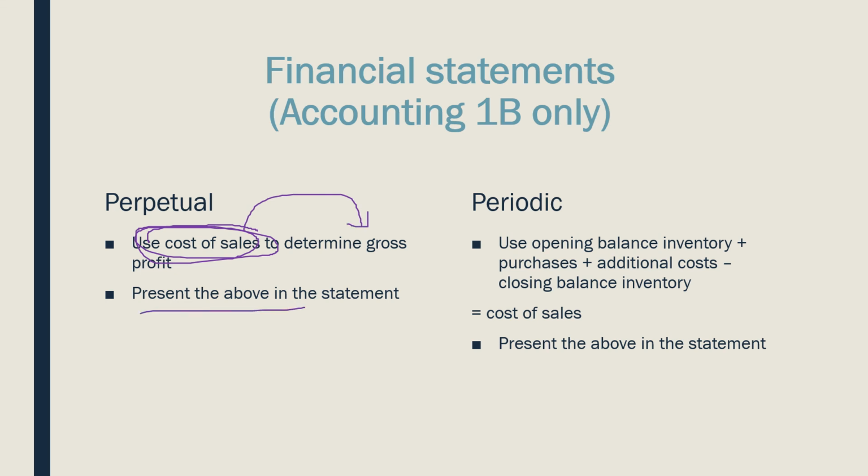Whereas in the periodic system, we don't have cost of sales. Again, we'll work it out. So it's a bit of a calculation: opening balance of stock plus purchases plus charges minus closing balance, and we'll present that in the statement. So we'll present the cost of sales calculation in the periodic system, whereas in the perpetual, it's a number that's given to us, so we don't need to present any calculation, we can just present the number.